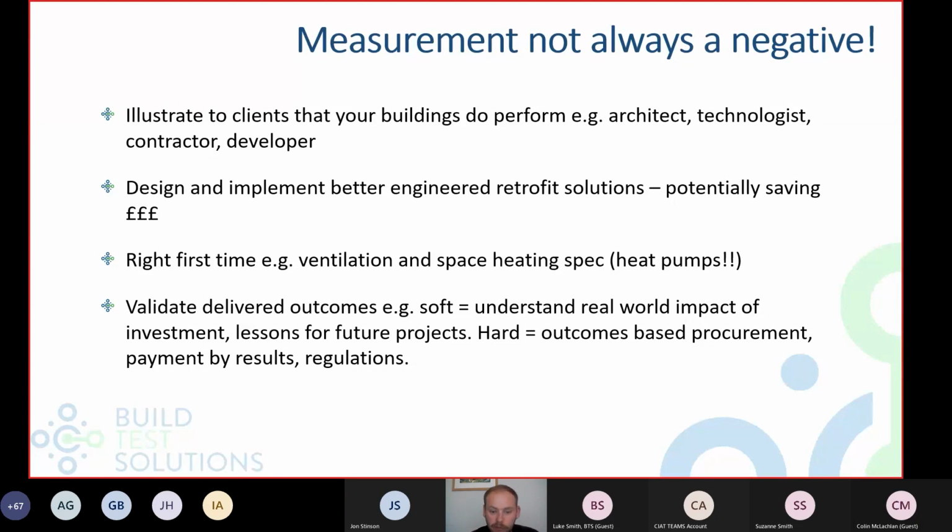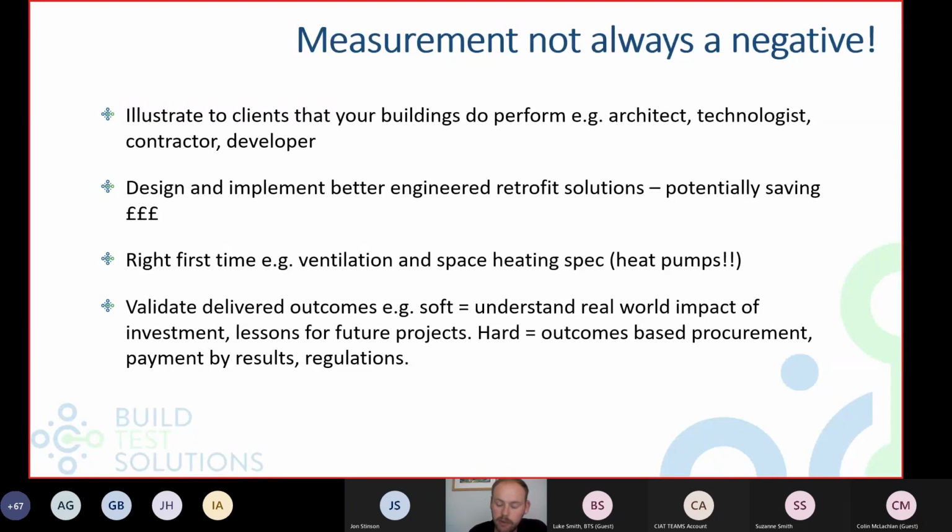And we can also validate the results of what we're investing in. So I think that's really important, quality control. And how do we know what works, what materials work, what processes work, without measuring the performance that we achieve? So that can be in a soft way to understand and get lessons learned for future buildings.